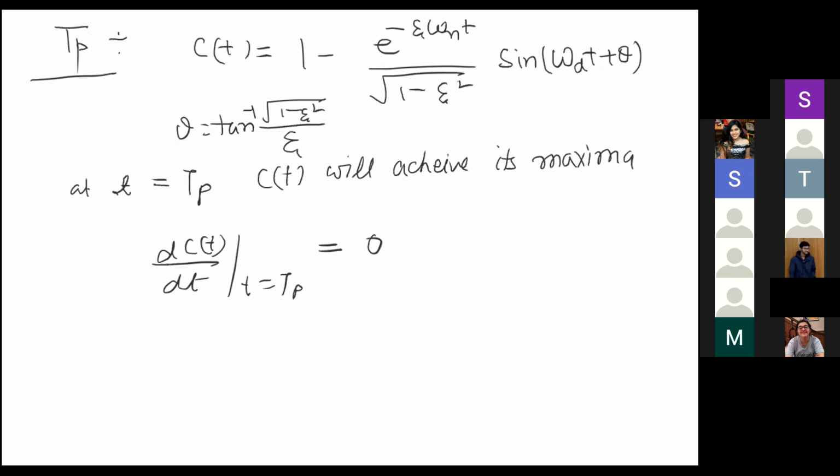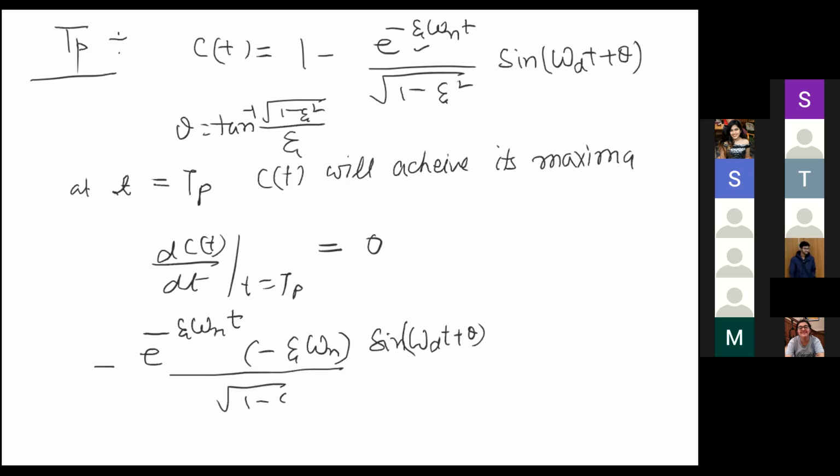So now if we are going to differentiate c(t), 1 will become 0, then e to the power minus zeta omega n t, and this will come zeta minus omega n, then this one is sine of omega d t plus theta. First I took this one as variable we are going to differentiate, and this one is a constant, upon under root of 1 minus zeta square.